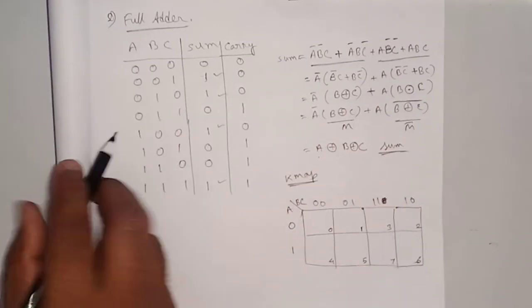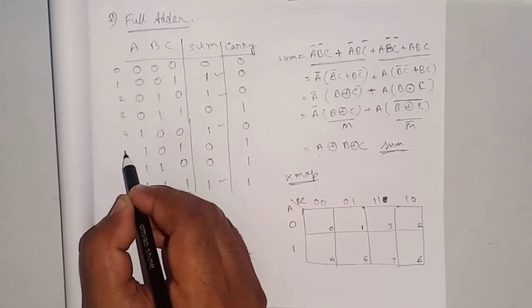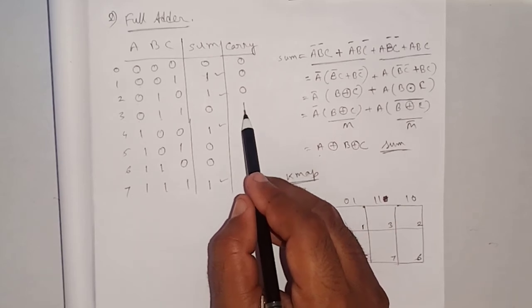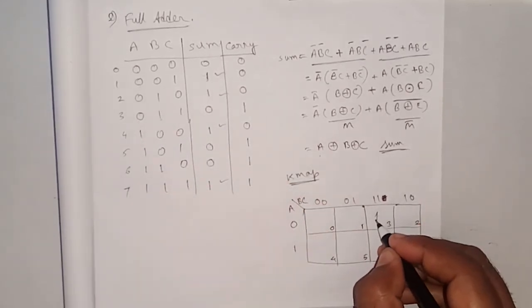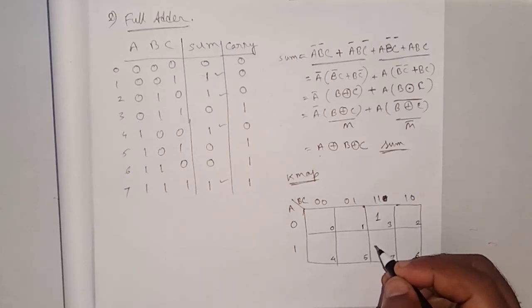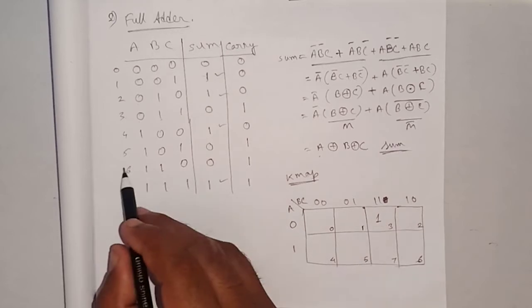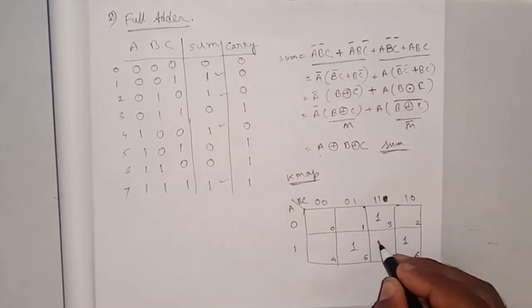Now if I give a name over here, 0 1 2 3 4 5 6 7, where we are getting the 1 here in carry, this is a line of 3, so we are putting 1 on 3. Okay, 1 in 3. Now this one, 5, 6 and 7, so 5 putting 1, 6 putting 1, 7 putting 1.